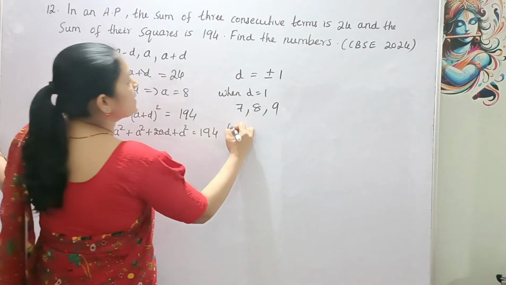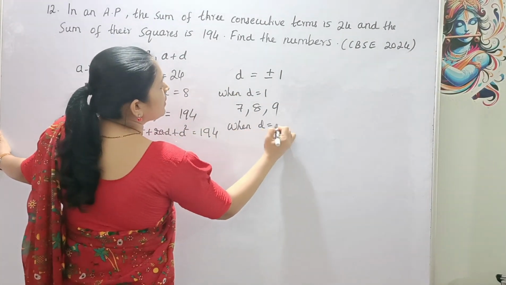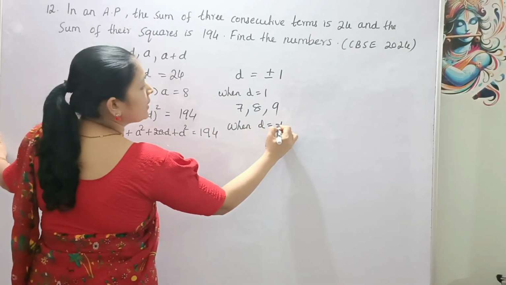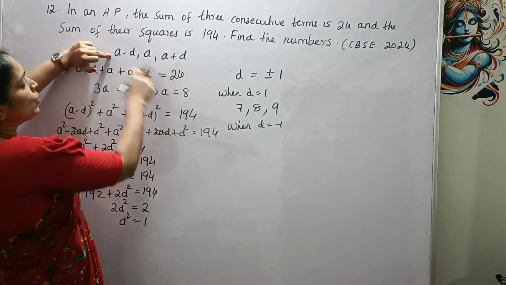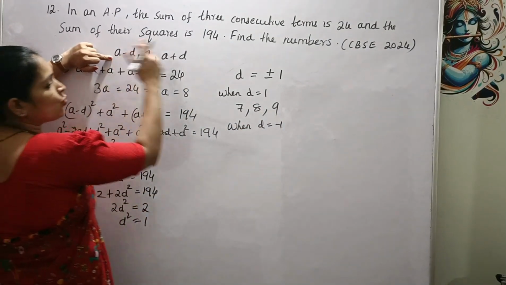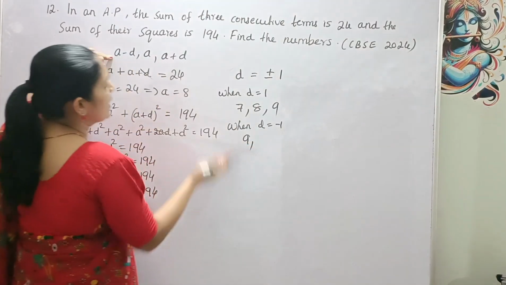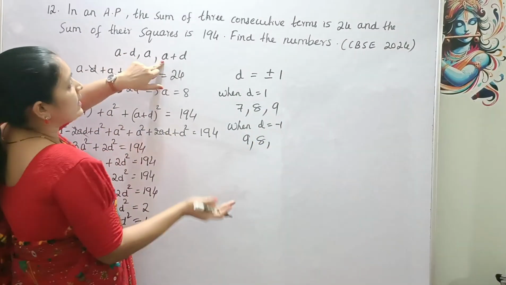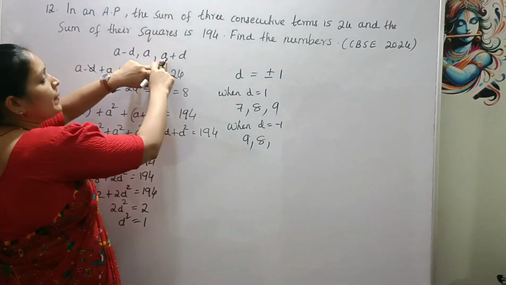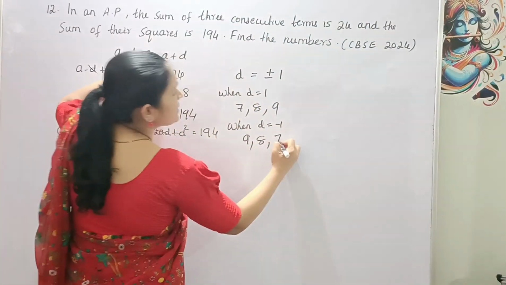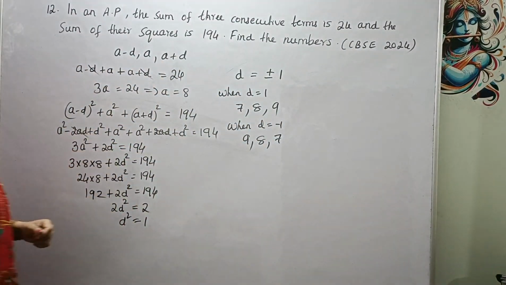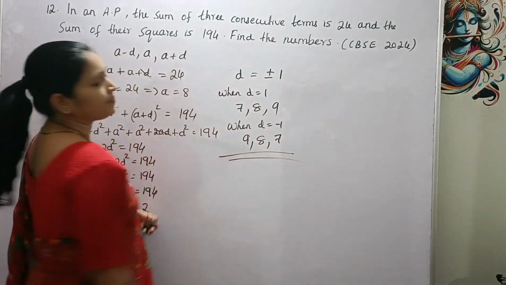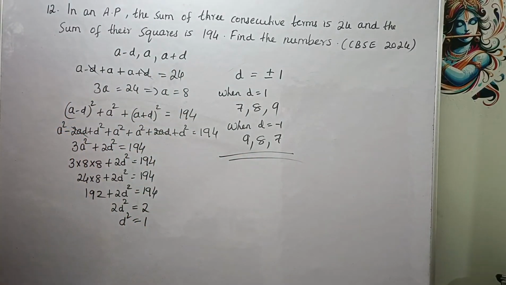When d is equal to minus 1, what are the numbers? a is equal to 8. 8 minus minus 1, that is 9. Next is 8. Next is a plus d, that is 8 plus minus 1, that is 7. So these are the numbers: 7, 8, 9.